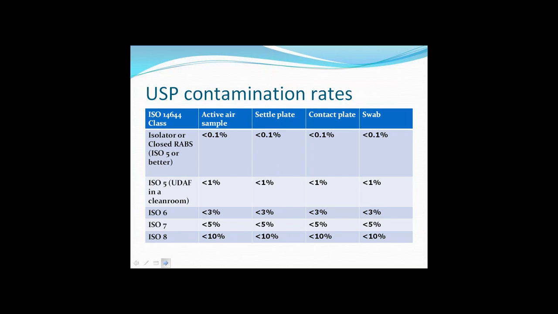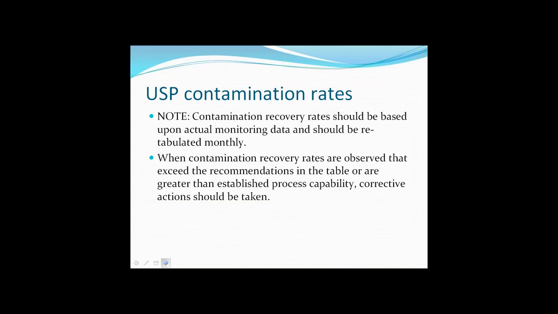But it could be the same product going to the same patient group. Is that right? Is it right to set contamination rates on the technology, or should it be based on the product? That's an interesting point to discuss at some point.